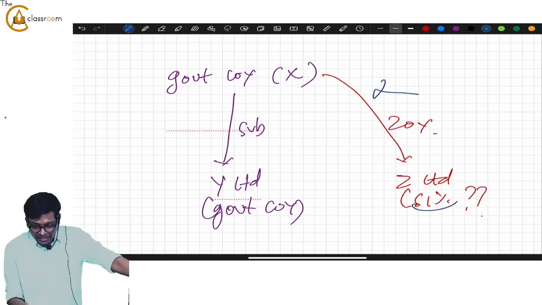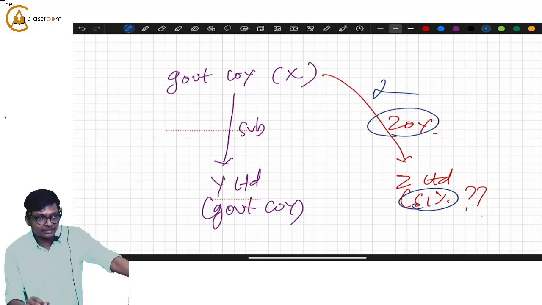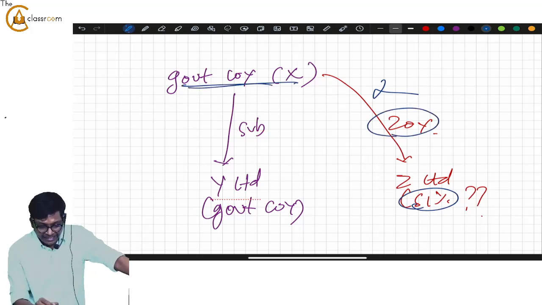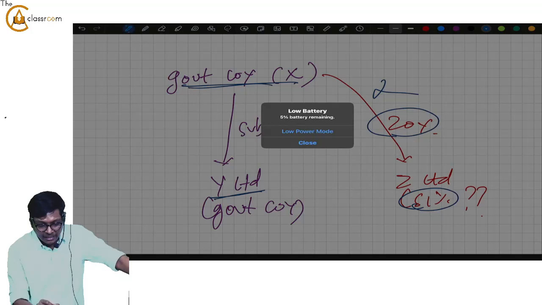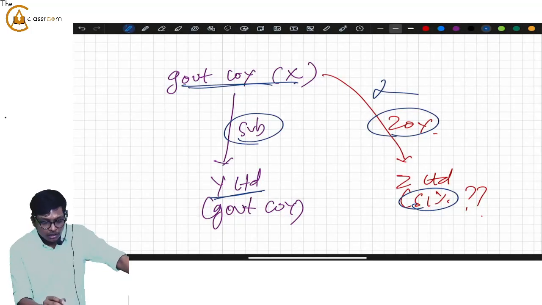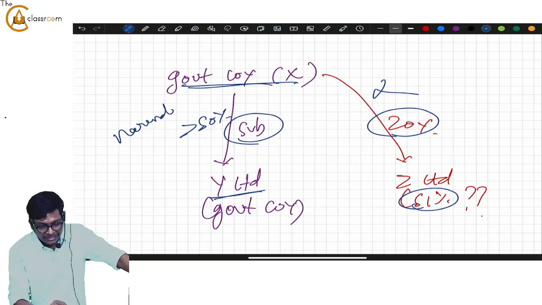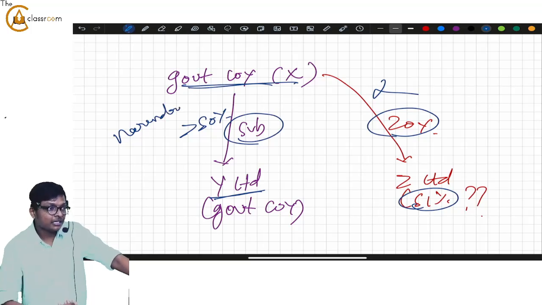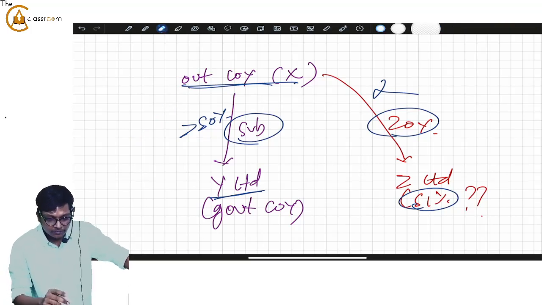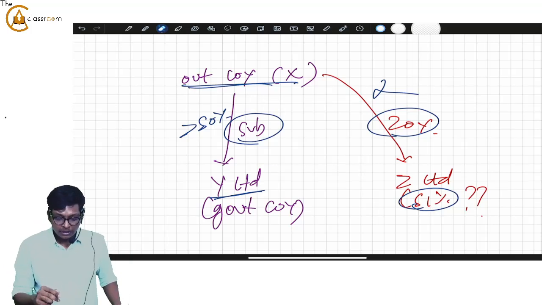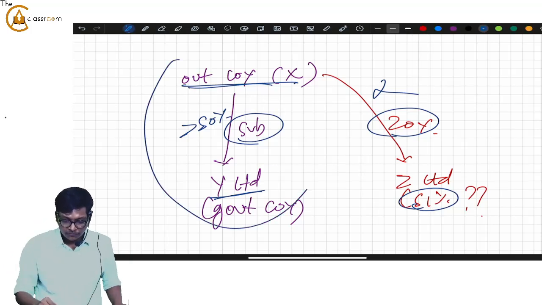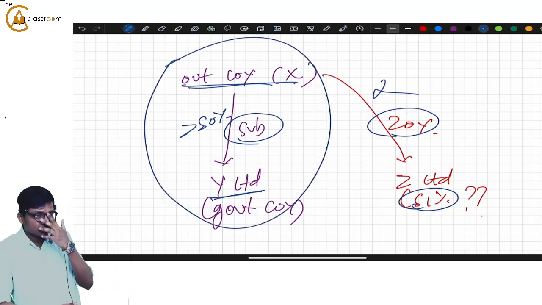For counting 51%, I will not take this. But if government company X has more than 50% in government company Y, then the second point comes in. Having more than 50%. Are you getting the difference?